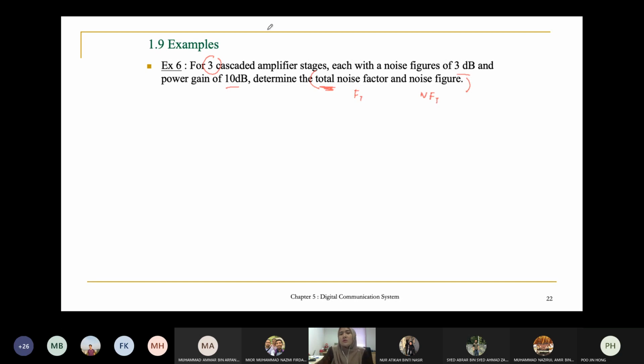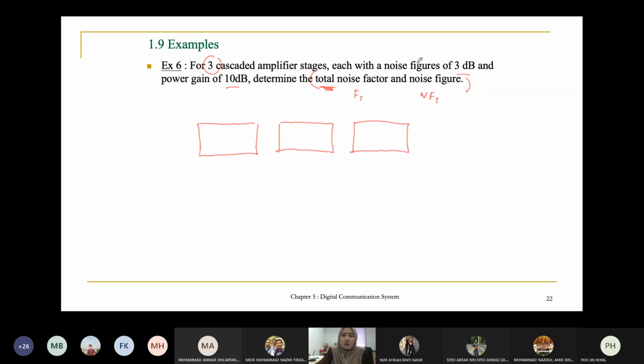If you have this kind of question, it is better if you can draw the system. You have 3 amplifiers, so you need to draw 3 boxes. The first one is amplifier 1, and then you have amplifier 2, and then you have amplifier 3.